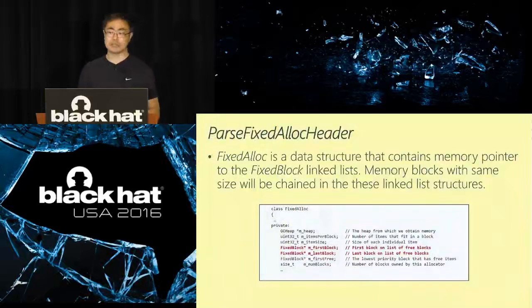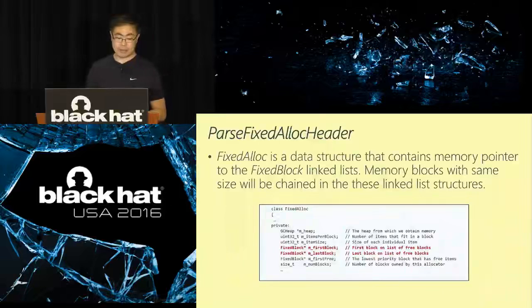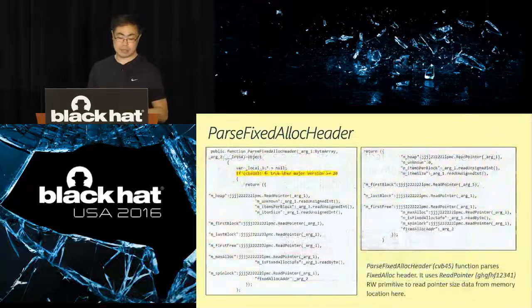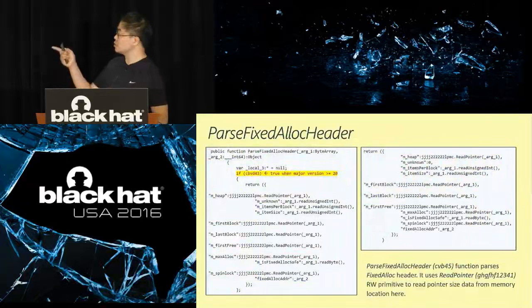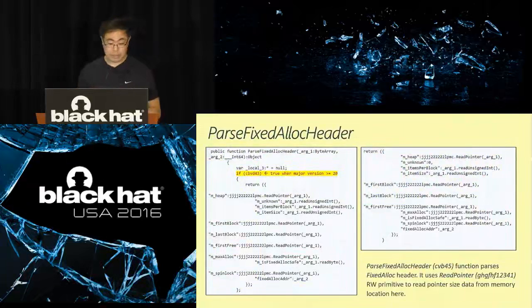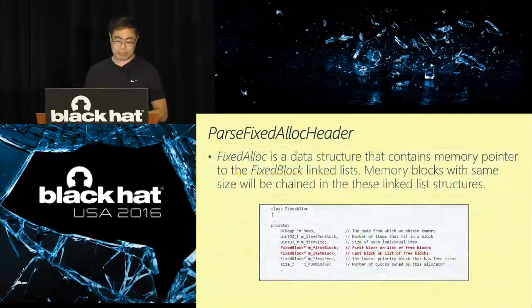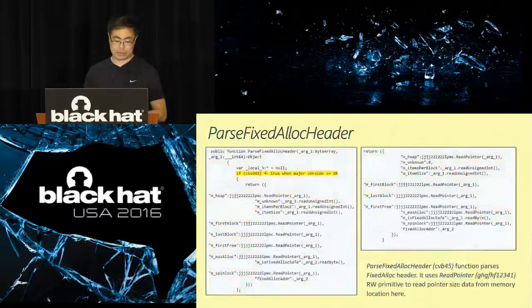About the structures, the fixed alloc structure is defined in the ABM Plus source code like this. It has a linked list of fixed blocks, and the exploit is doing the same thing. The exploit code even uses the same symbols, like M first block, which appear in the source code.